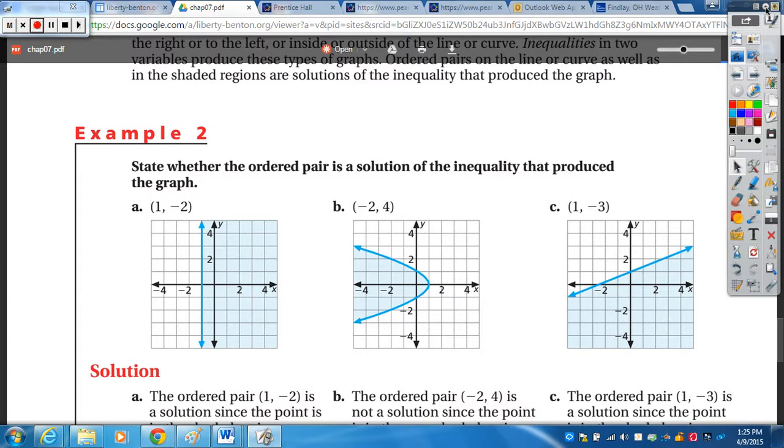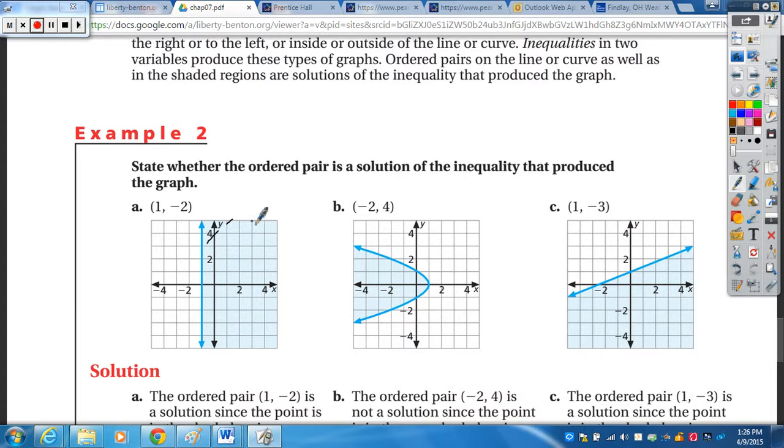And so if I go ahead and do something like this, just to bring to your attention that there is a shading on this side. Now, the question is, is this part of the shading? Well, if I go ahead and graph (1, -2), is this in the shaded region of the graph? And the answer is yes, it is in the shaded region of the graph. So as a result, (1, -2) is an answer, okay?